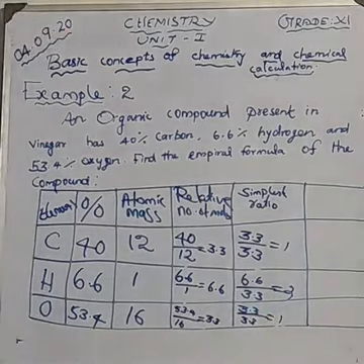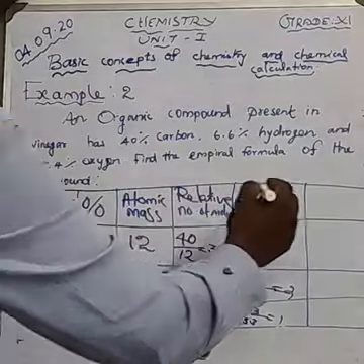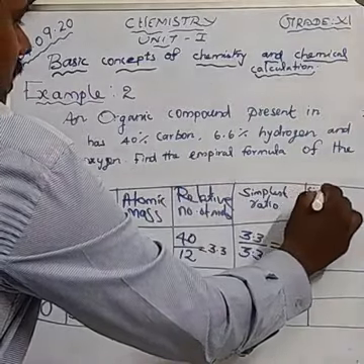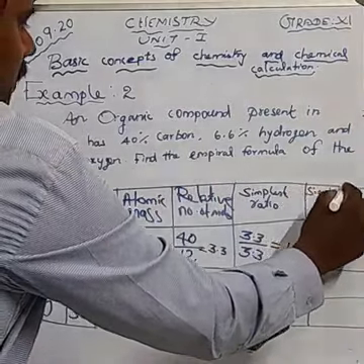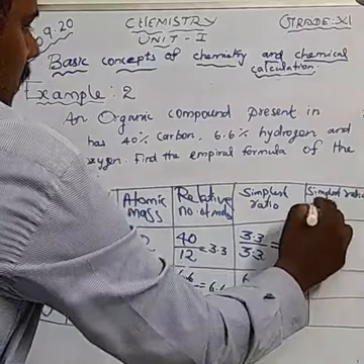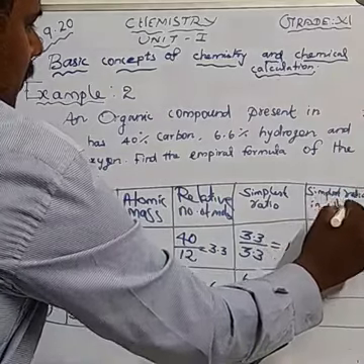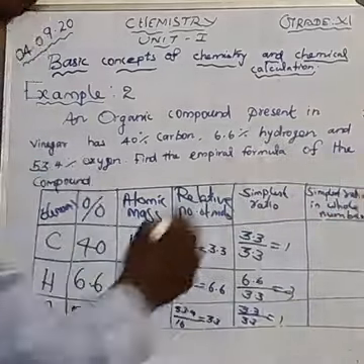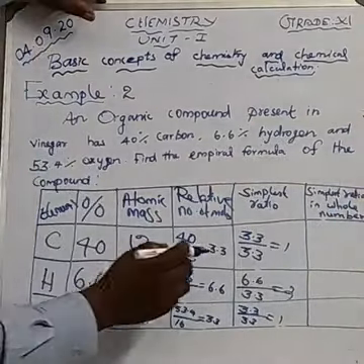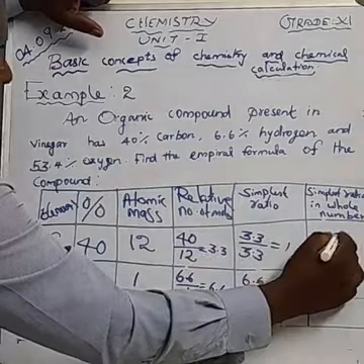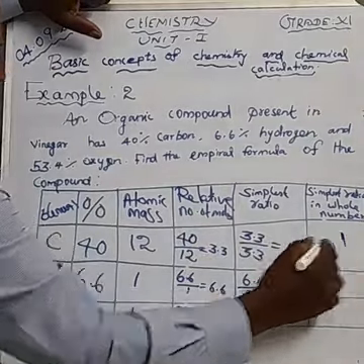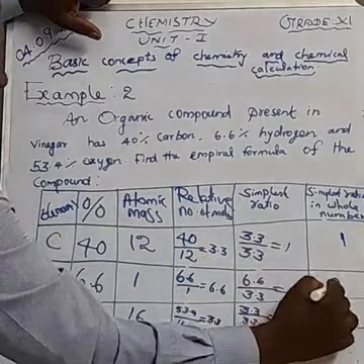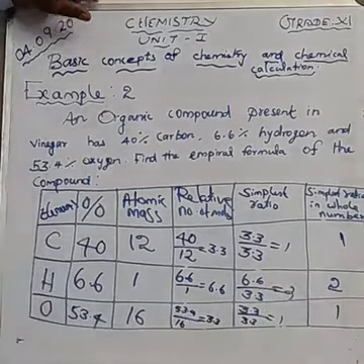Okay? Simplest ratio in whole numbers. What's the answer? Here we have all whole numbers, right? So the same 1. Here 2. Here 1.